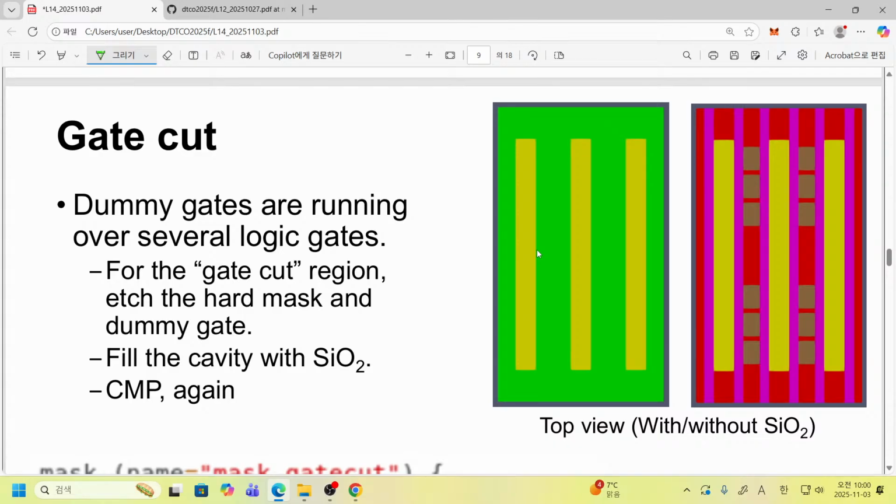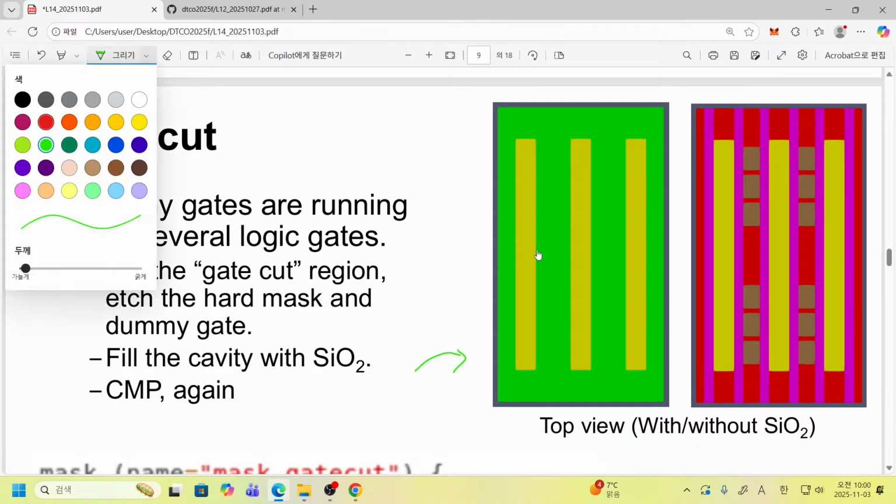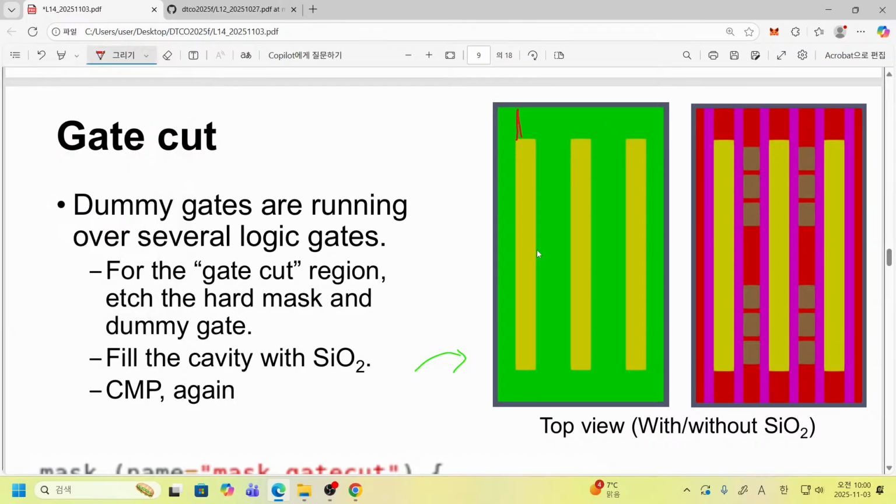This is our current structure. You can find that this yellow one corresponds to the nitride hard mask. Initially we have drawn the dummy gate in this way, horizontally. There is no cut of our dummy gate, because this is related with the difficulty of certain line drawing.